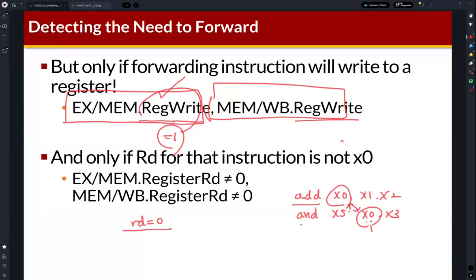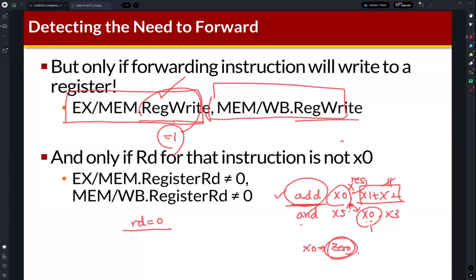So what's the problem? Even though the add instruction is executed, the result is not updated to x0, because x0 is always 0, right? So actually we need to avoid the data forwarding for this case. The add instruction may generate x1 plus x2, and this data may not be 0, right? It is a non-zero value.